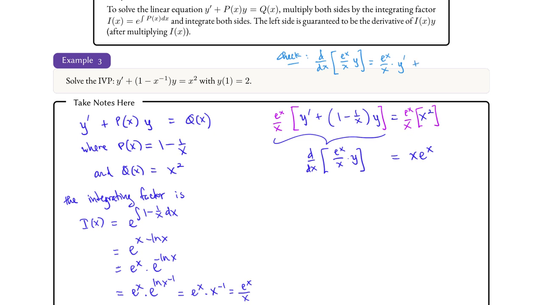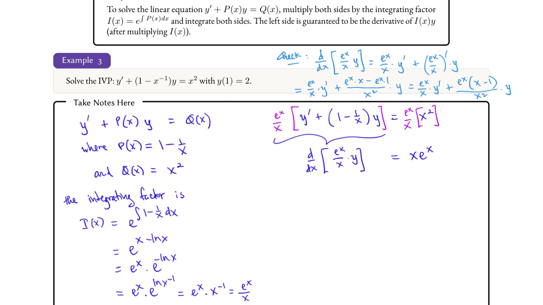The derivative of (e^x/x)y is (e^x/x)y' plus the derivative of e^x/x times y. For the derivative of e^x/x, we use the quotient rule. And so we end up with (e^x/x)y' plus e^x, factoring out, times (x - 1)/x² times y.